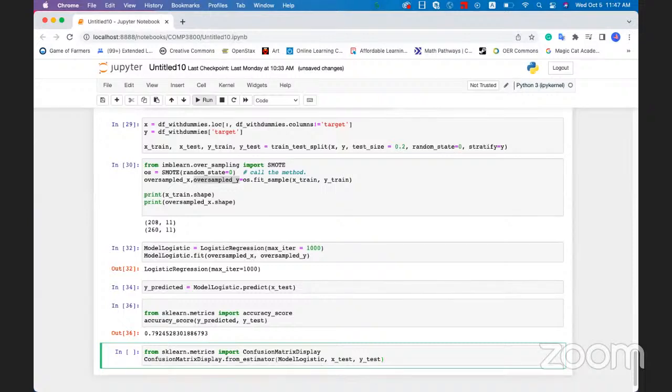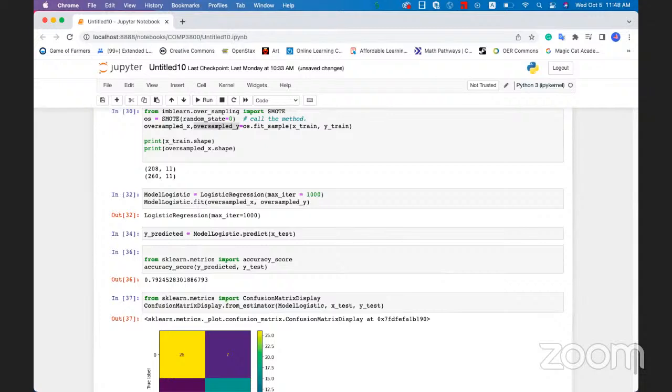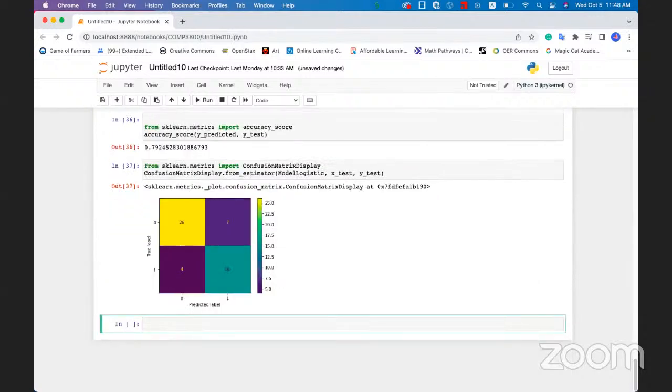Then it will give you a matrix. What does that mean? Which ones are correct cases? Which ones are incorrect cases? This is the observed value, and this is the predicted value.